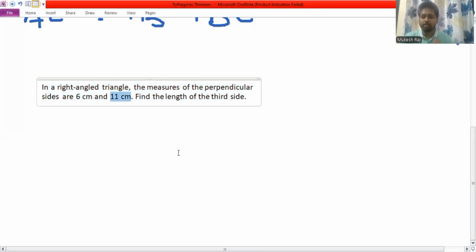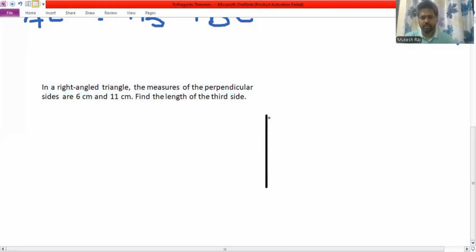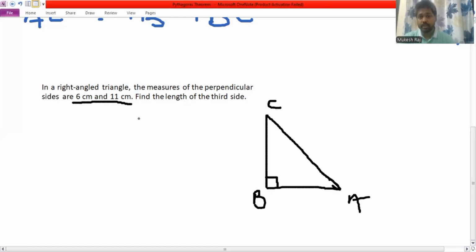The simplest way to apply the Pythagoras theorem is, first of all, to draw a right angled triangle. Let us draw a right angled triangle, and to add simplicity, let us mark the points A, B, and C. It is given in the question that the perpendicular sides, the sides that make an angle of 90 degrees, are 6 centimeter and 11 centimeter.